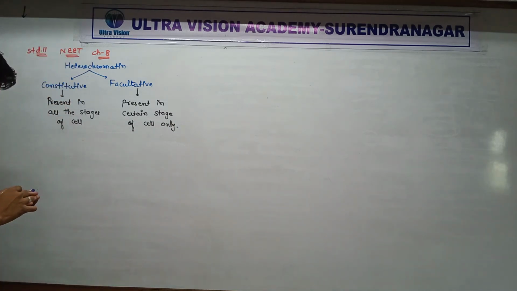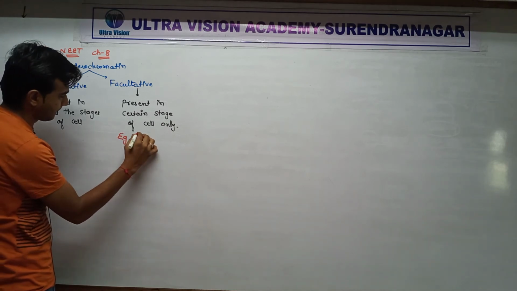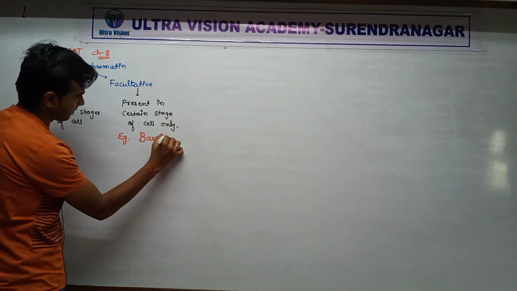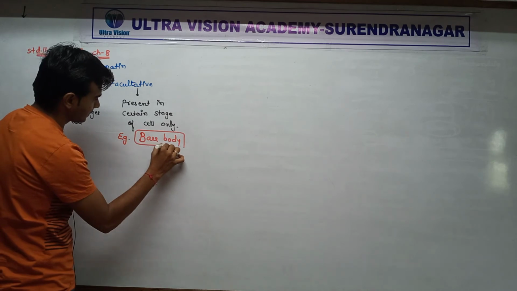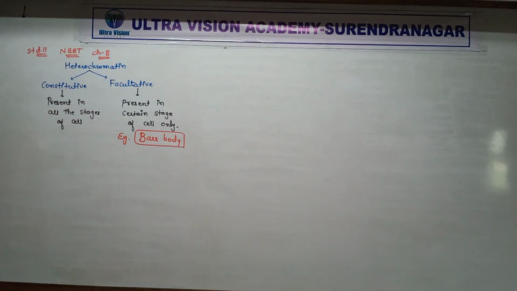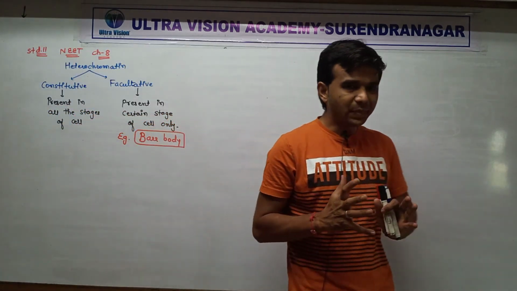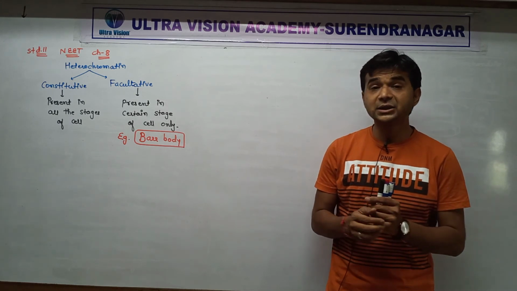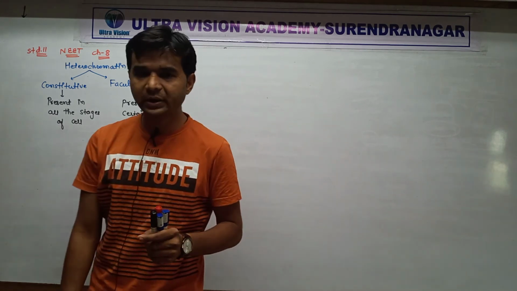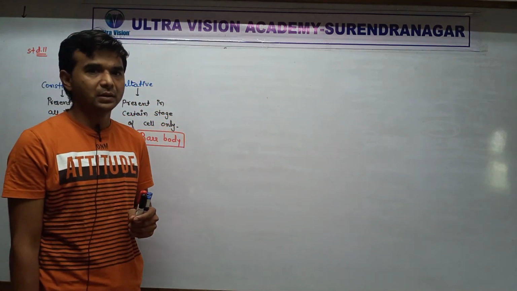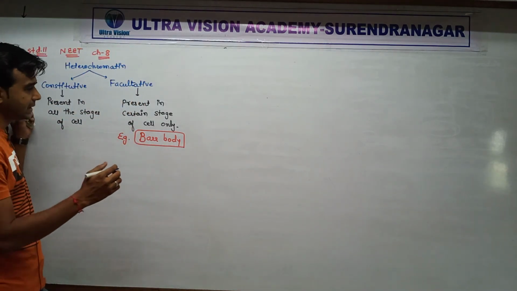Here we take one example, the bar body. Now I want to discuss this bar body topic in detail. Bar body is one type of extra staining or extra chromosome. It was discovered by Barr, the scientist.